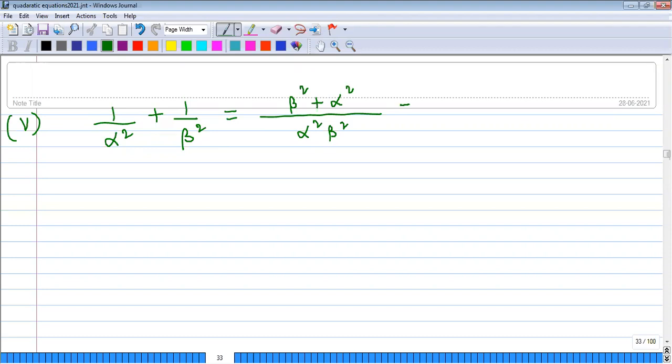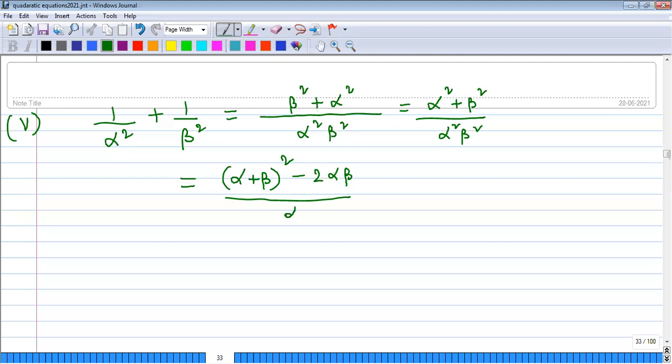Beta square plus alpha square or alpha square plus beta square, both are the same. You see here, alpha square plus beta square is nothing but alpha plus beta whole square minus 2 alpha beta. This must be written. And alpha square beta square is alpha beta whole square.